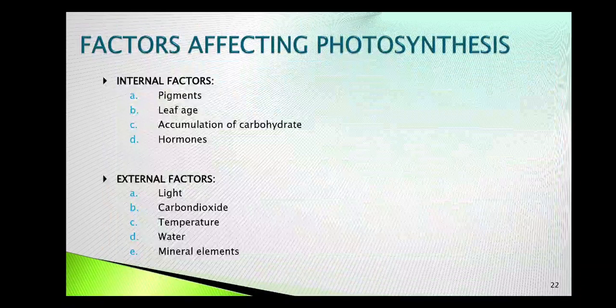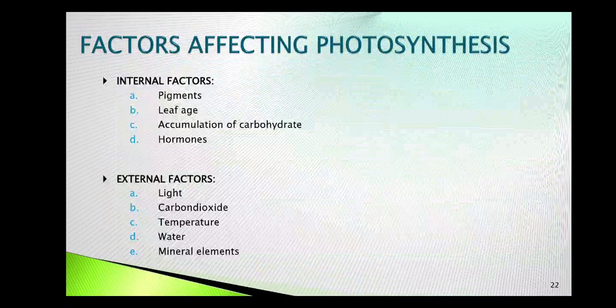Now we'll see the factors which affect photosynthesis. There are two important kinds of factors which are highly responsible for photosynthesis. Number one, internal factors. Number two, external factors. The internal factors are pigments, leaf age, accumulation of carbohydrate and hormones. If there is any change in these, photosynthesis will be affected.